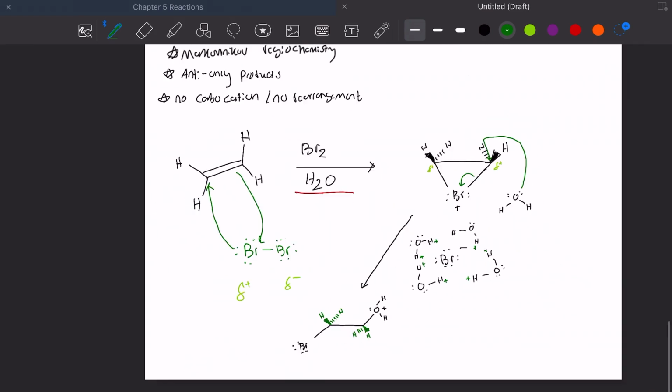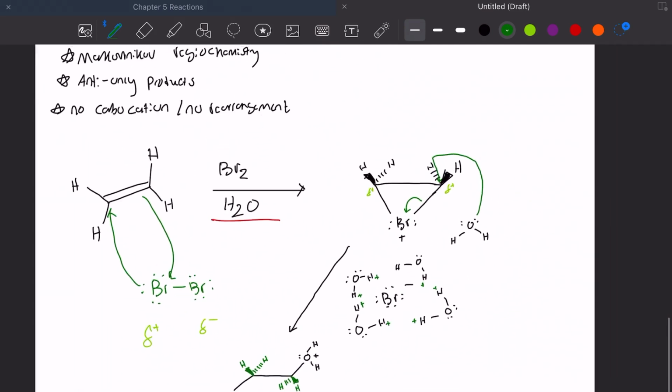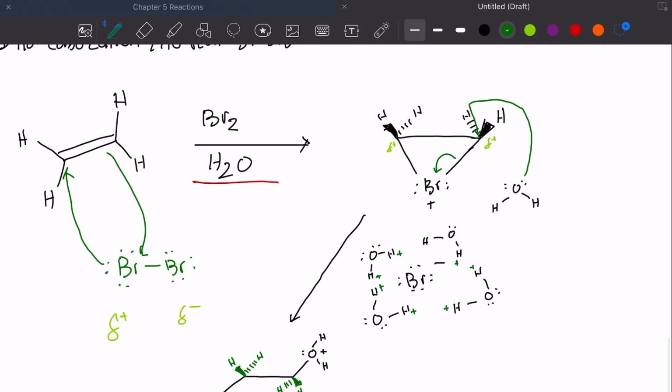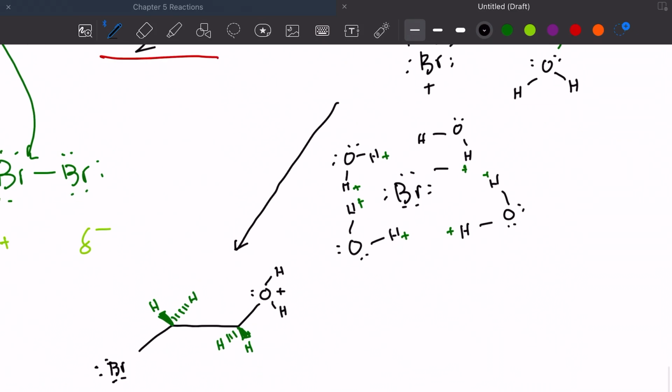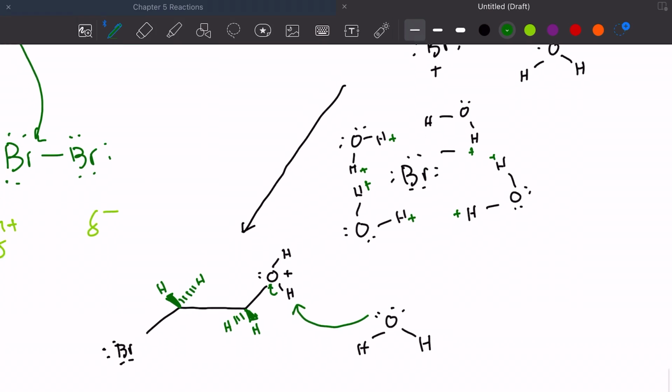But because this water is a solvent, there's millions of water molecules. So we can take more water molecules to stabilize what I've drawn up here, because it has a positive charge. Another water molecule is just going to come and grab one of these hydrogens and take it to the oxygen.